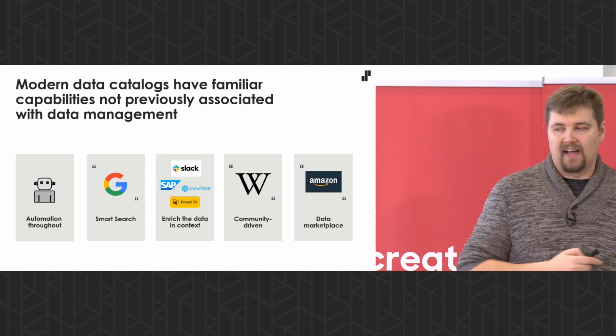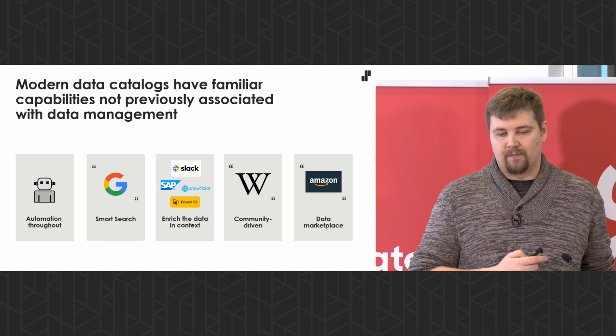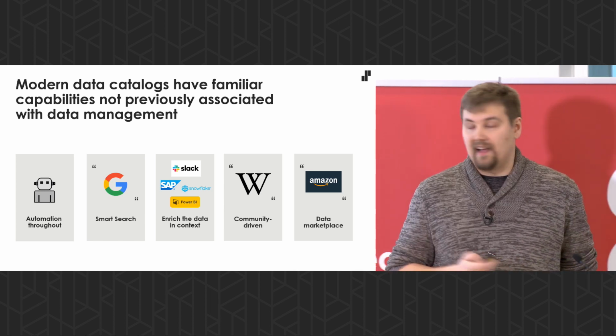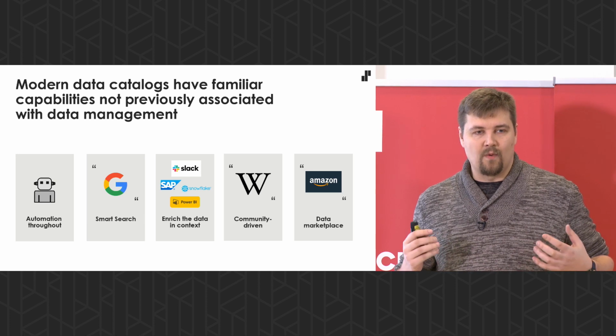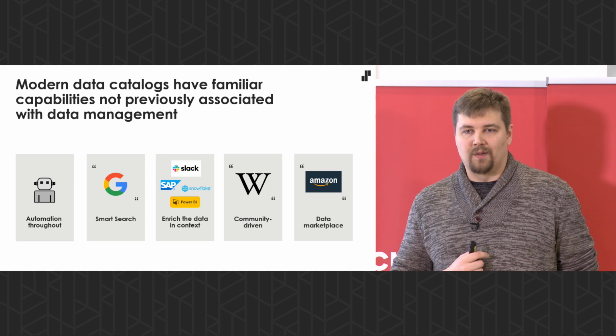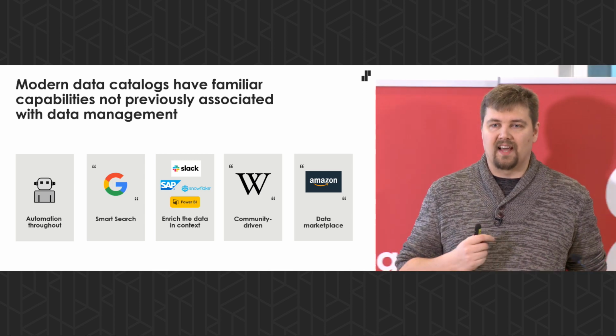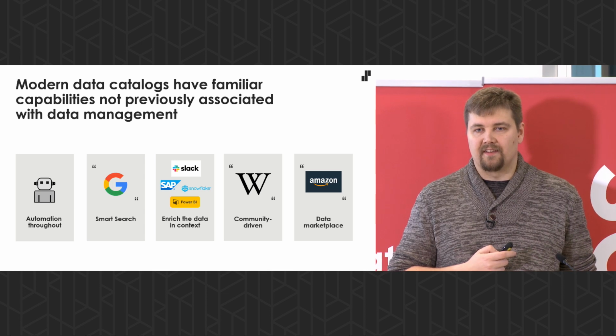And the same applies for the catalog. So it needs to be easily searchable. Then enriching the data in context. So as I already said, we want to bring the data catalog to the people so that the people can use the content of a data catalog in the tools that they are using in their daily lives.